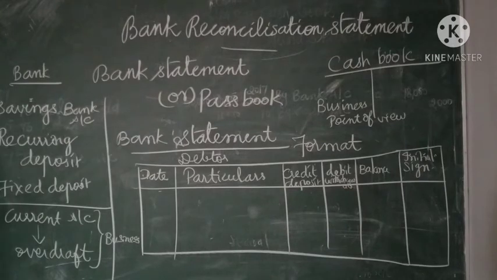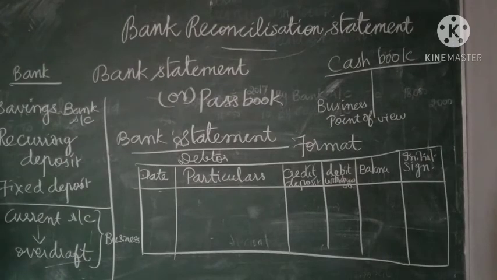So bank account debit to Mohan, credit the giver, like that we write the entry. That is the amount owed by the bank to the customer. Then when we withdraw the amount from the bank, that also we maintain in the account.